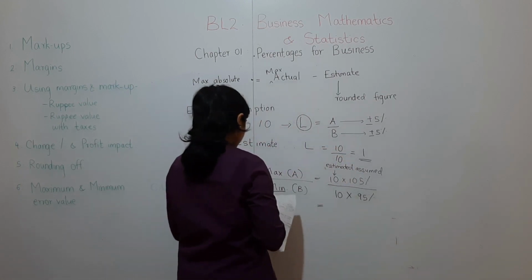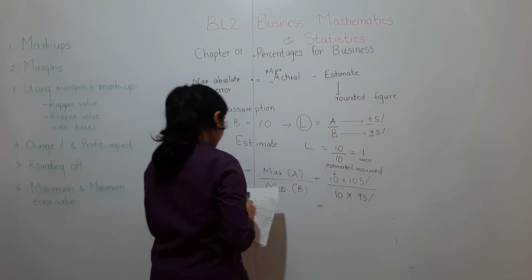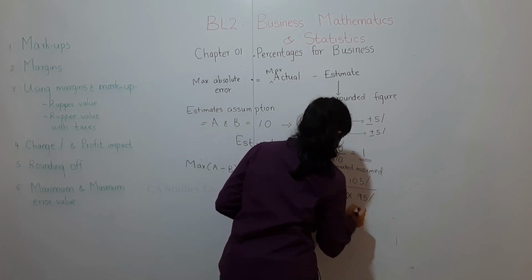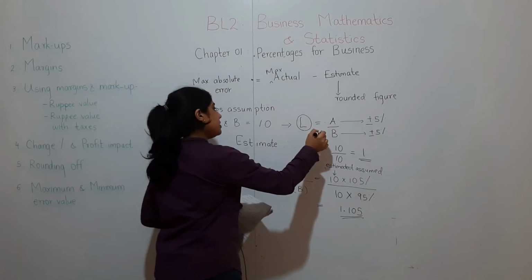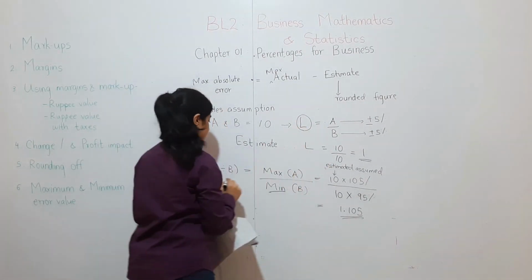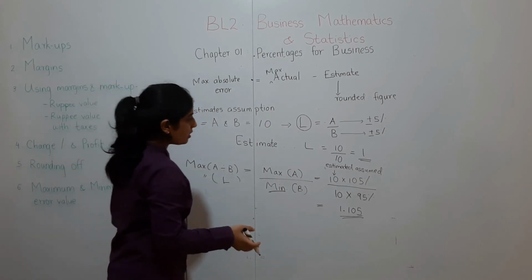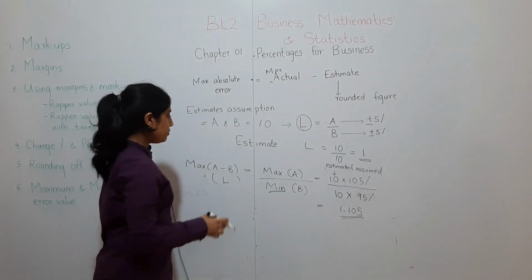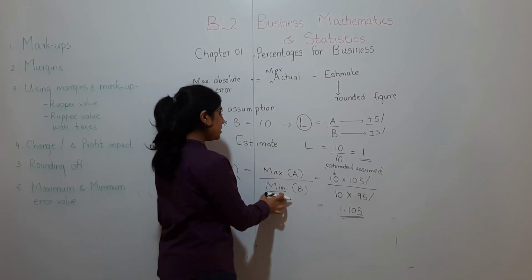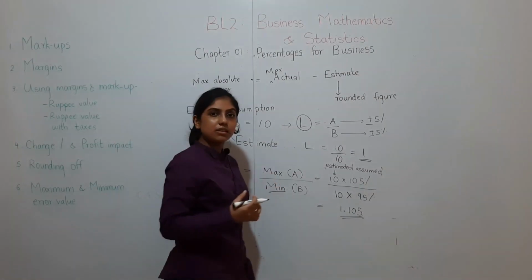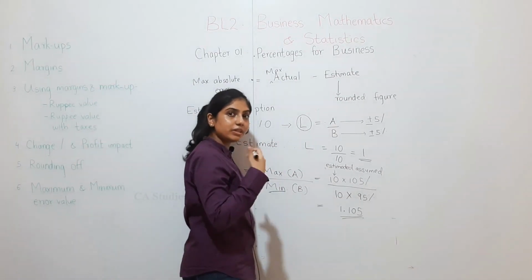It is 10.5 divided by 9.5, which is 1.105. Now A divided by B in this question is equal to L, so this is the maximum of L. We found the maximum of L using the maximum of A and the minimum of B. Actually it is not called error, because it is added onto the estimated figure, so it is with error.